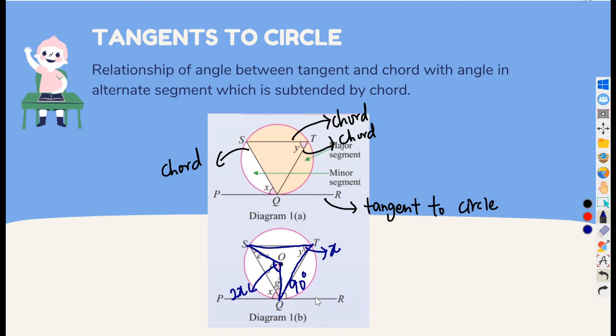Now we want to see the relationship between the tangent and the chord.